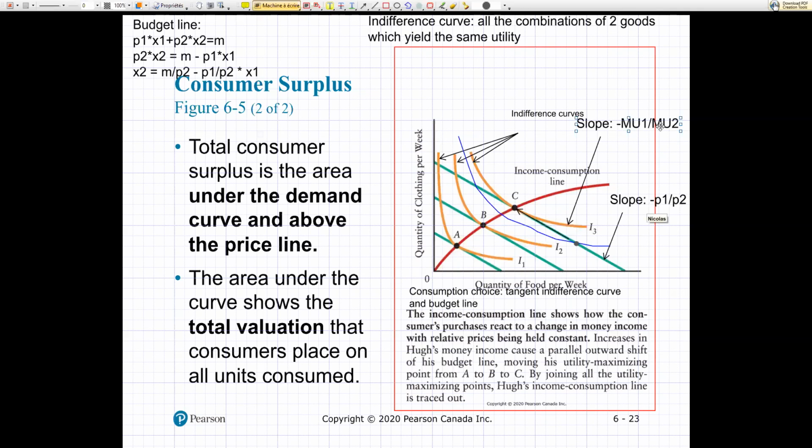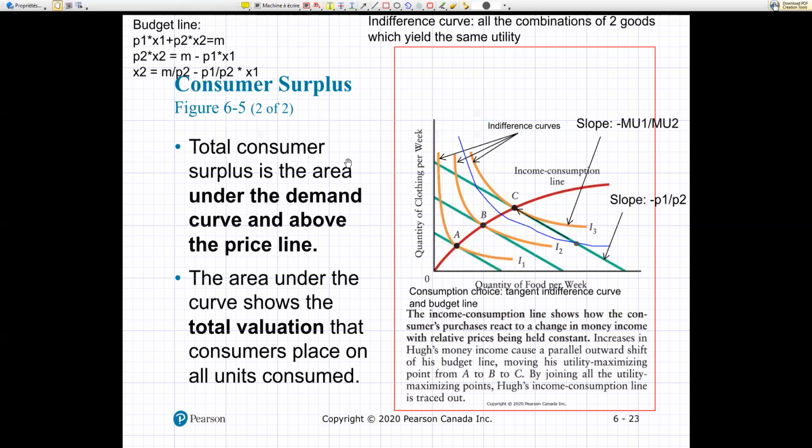So MU1 over MU2 equals P1 over P2. So that's the whole theory behind this curve. I'm sure it's going much farther than we have to, but it's for you to make some links in your head that are going to be useful later.